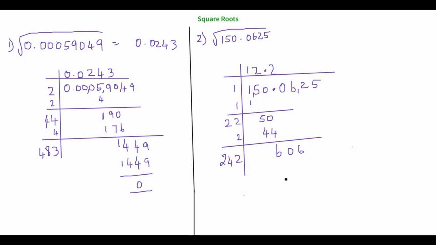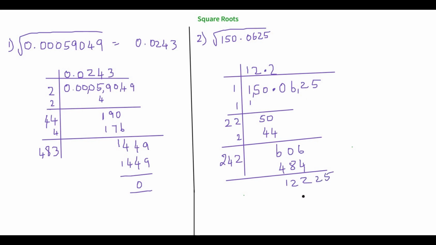So 242 times 2 is 484. Now let's subtract this. So 606 minus 484 is 122.